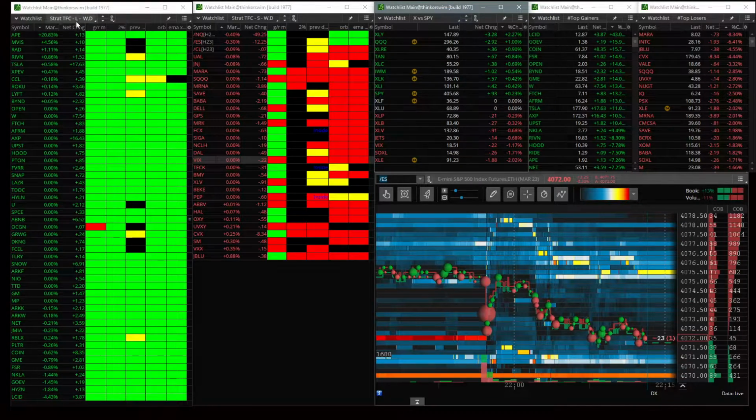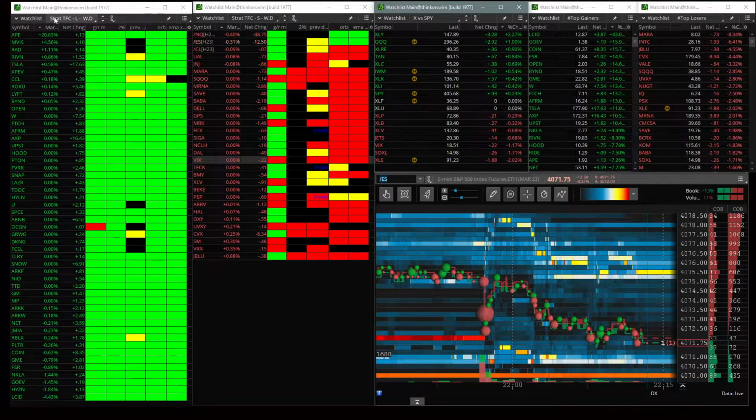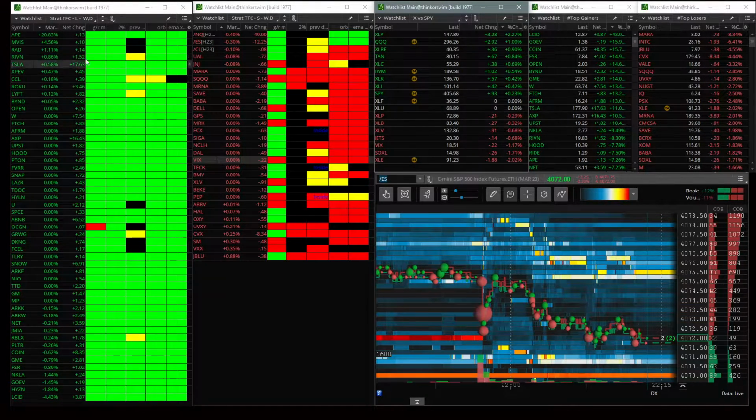So this list right here, and again, this is running through our watch list. For the bull side, what's going to show up here on this list are stocks that are on the watch list, but also green on the week and day. So it has to be green on the week and it has to be green on the day to even show up on this list.